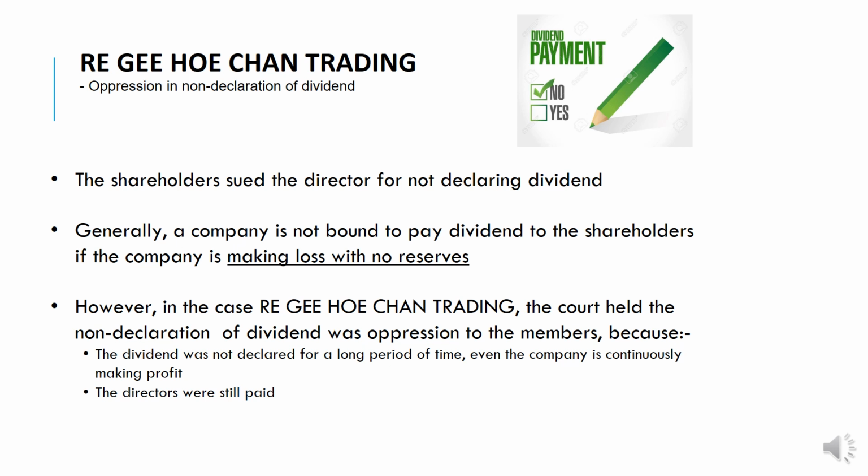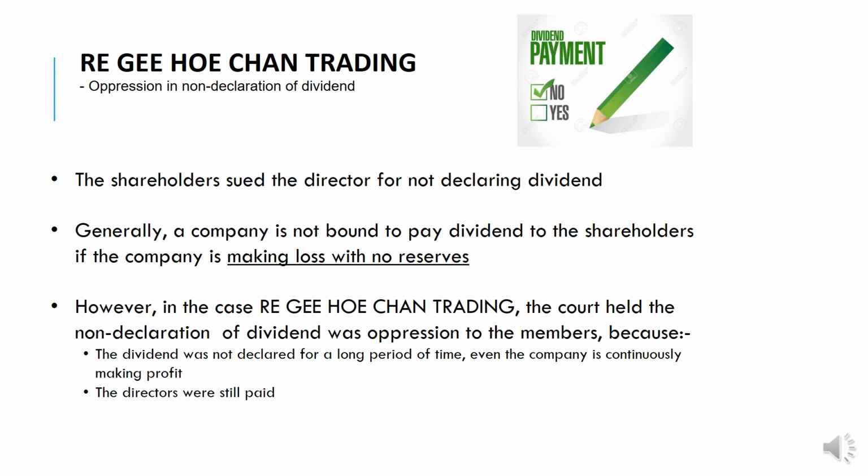So you see, in this case, it is said that generally a company is not bound to pay dividend to the shareholders if the company is making loss with no reserve. So it answers the earlier question, doesn't it? Yes. In general, the company does not have to pay dividend if the company is making loss. However, in this case, the company was making profit, right?